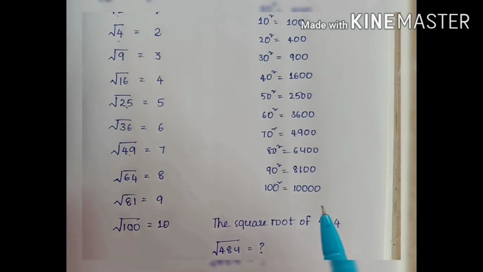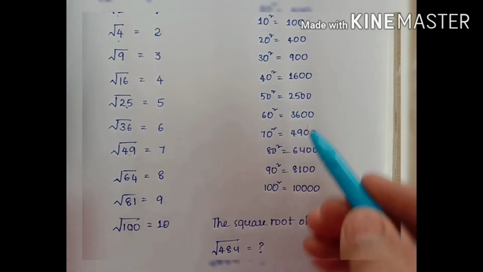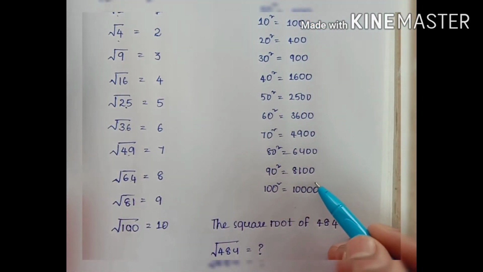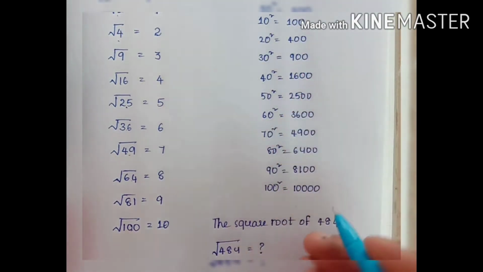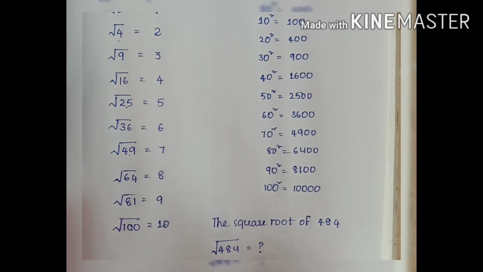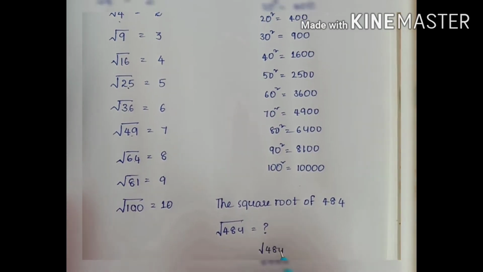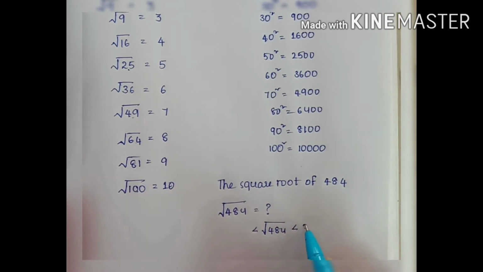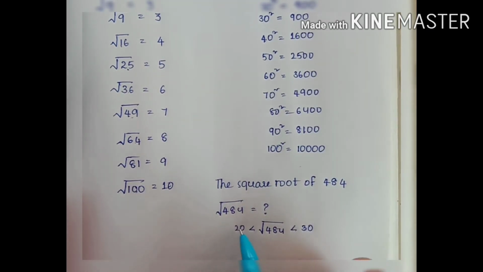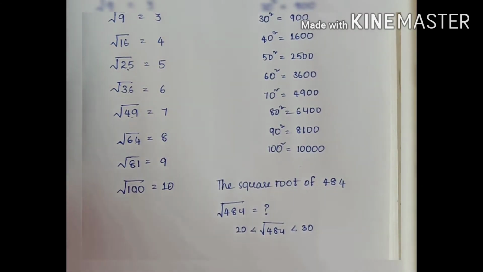Okay, then come to these values. 484 is nearer to which of these values? It is nearer to 400. That means the square root of 484 lies in between 20 and 30. For us, this is clear.